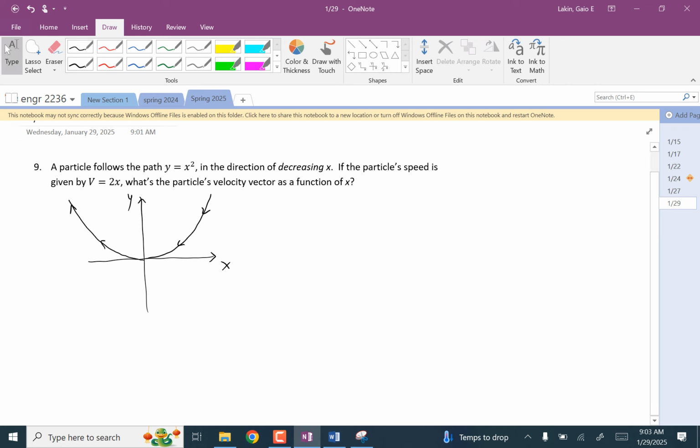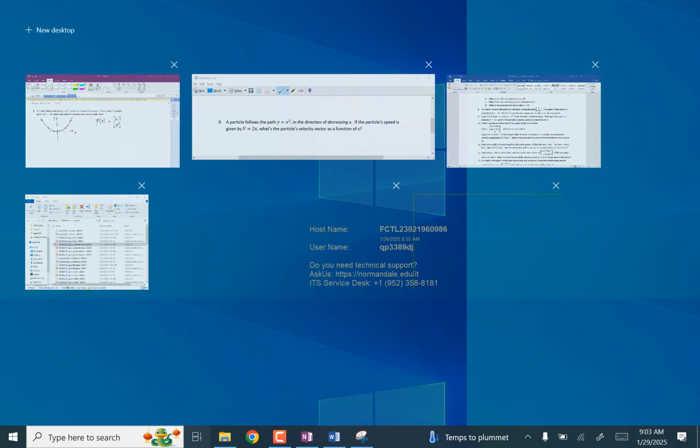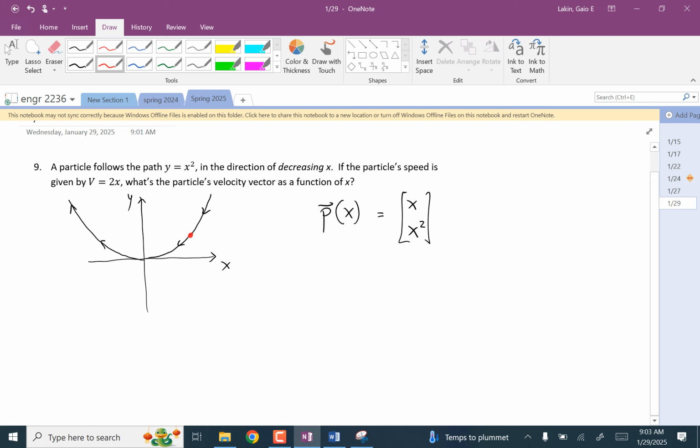Okay, so the parameterization looks like this, x and y, which is x squared. And so our first thing we want to do is find a vector that's tangent to the path in the direction of motion. So that red vector is what we want first.